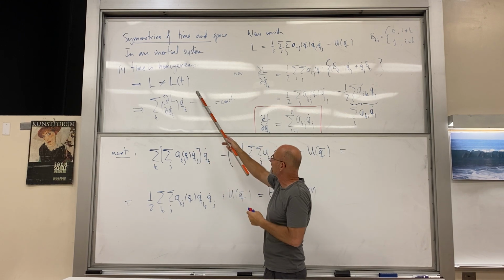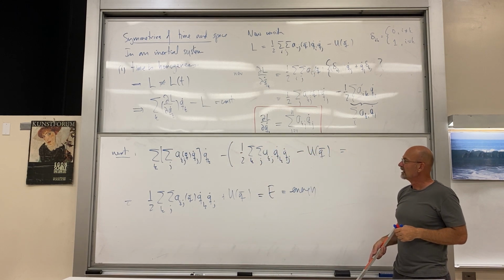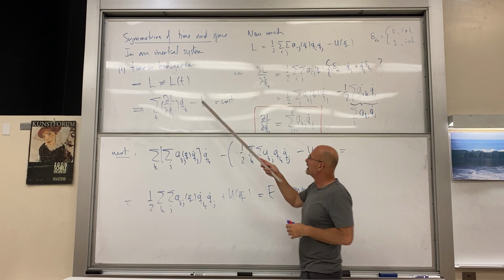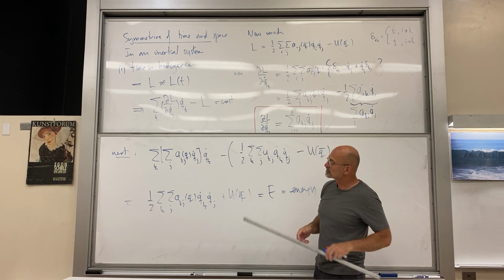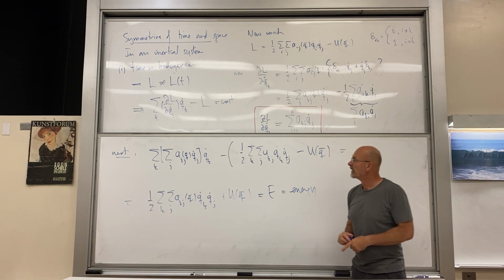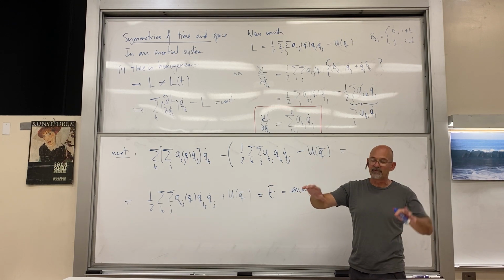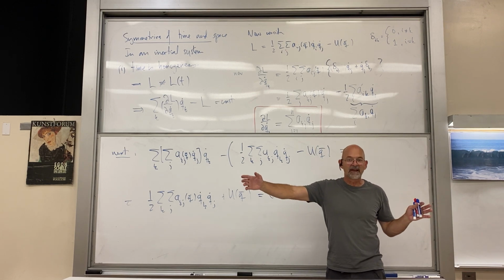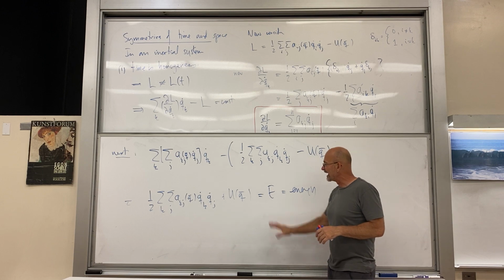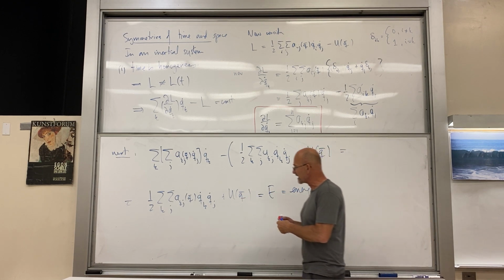So a time-independent Lagrangian conserves energy, and that goes back to the symmetry of space and time. If you're in an inertial system and there's nothing out there affecting your system, you just have your system, it's isolated in measureless space, then energy is conserved. Okay, so we got conservation of energy out of this.